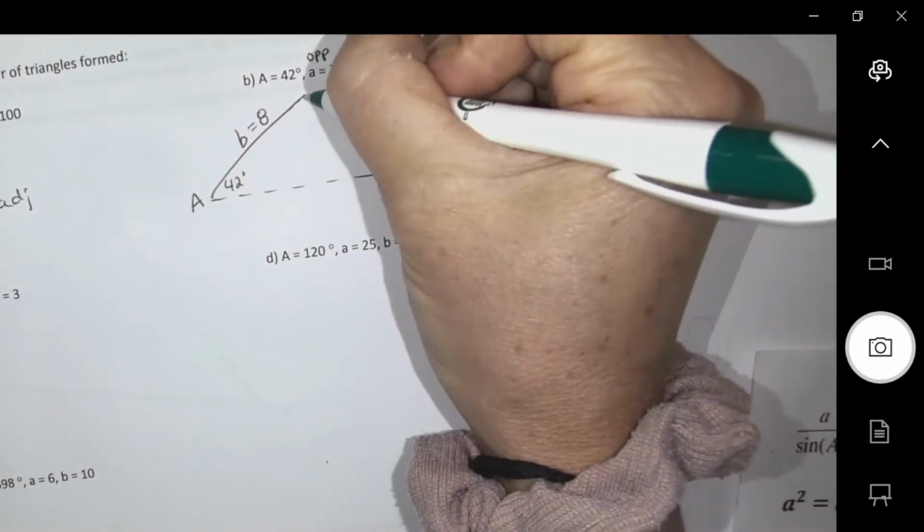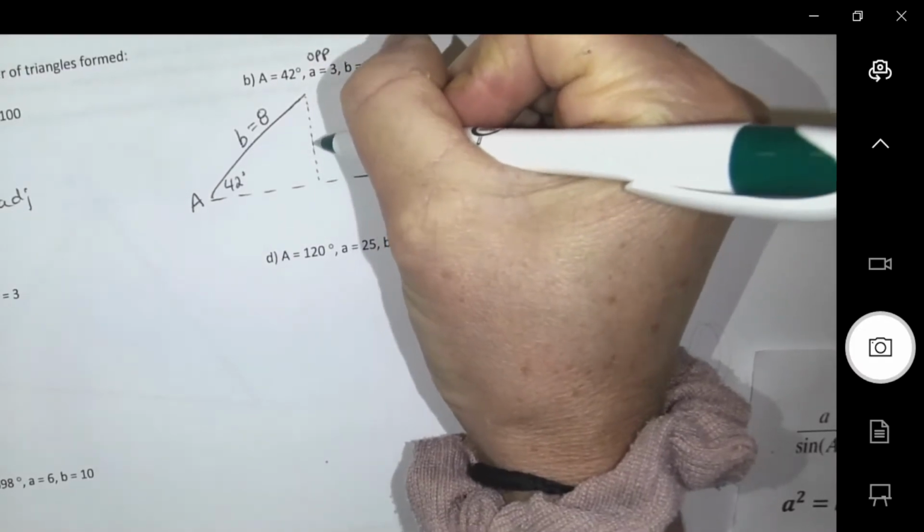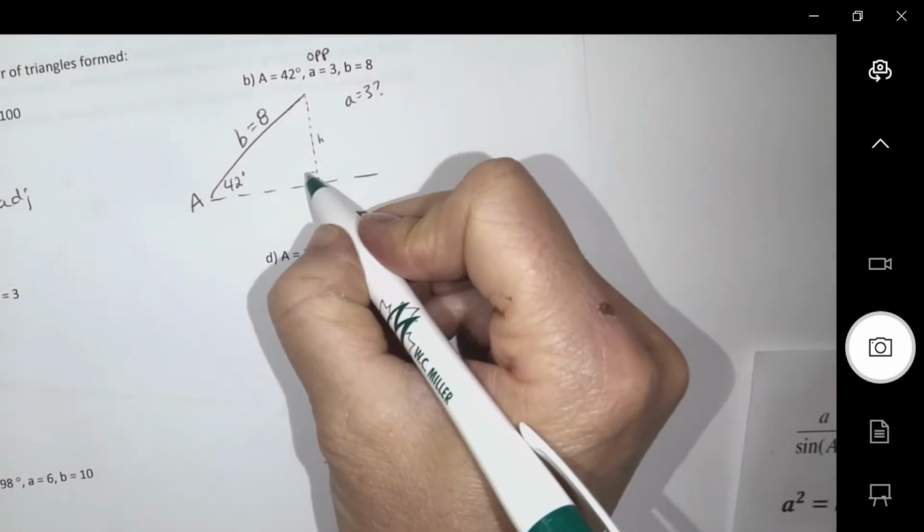And we're going to figure out how does the 3 fit into all this when it's across from it. Okay, so let's get the imaginary height number. And then also with a height comes a 90-degree angle, right?